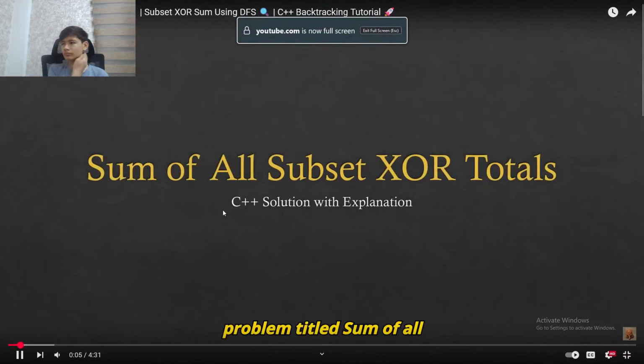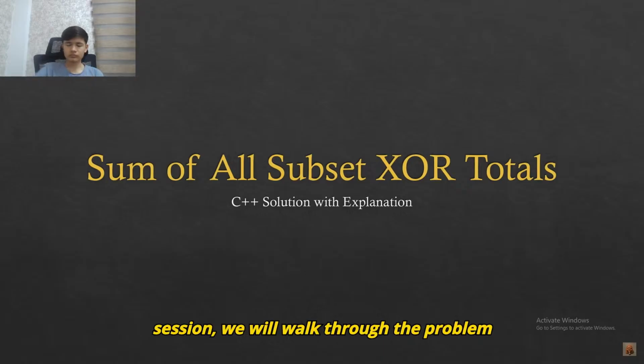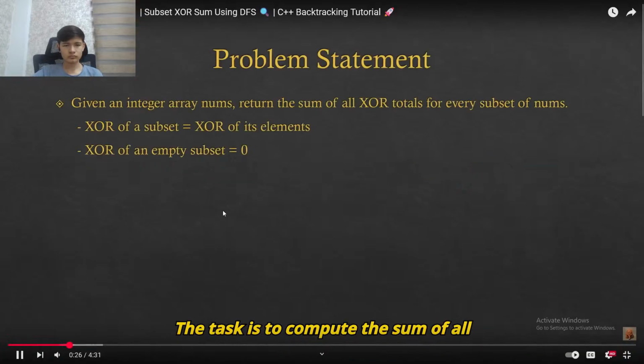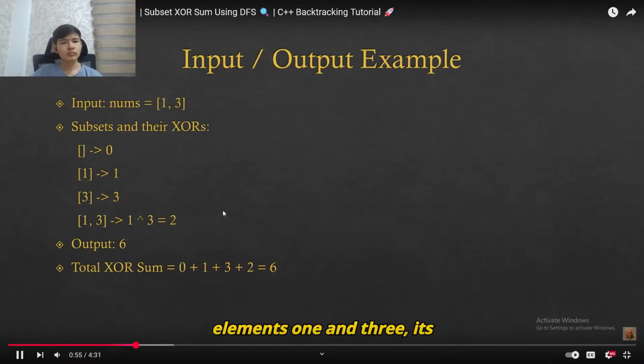Welcome to this presentation on the problem titled Sum of All Subset XOR Totals. In this session, we are asked to compute the XOR sum for the array nums with elements 1 and 3.